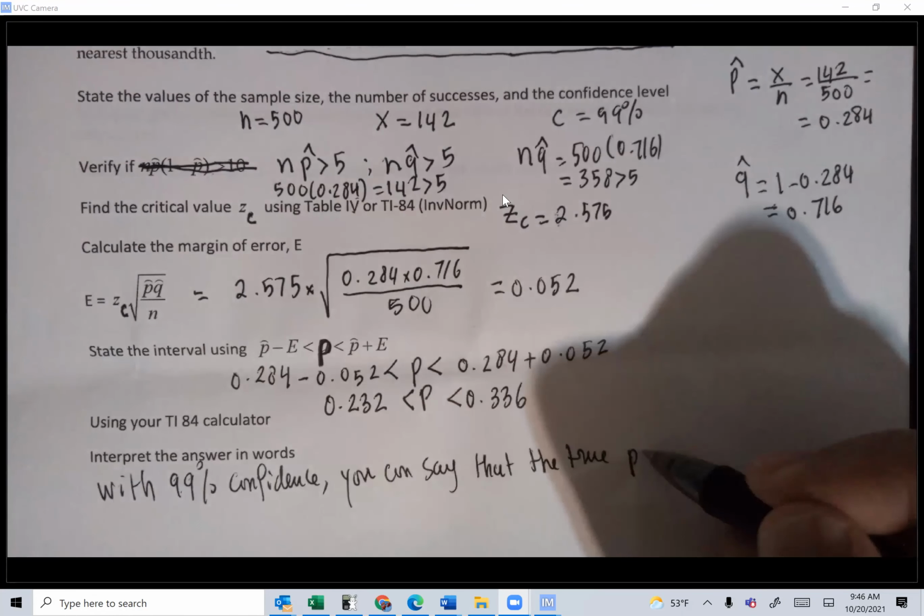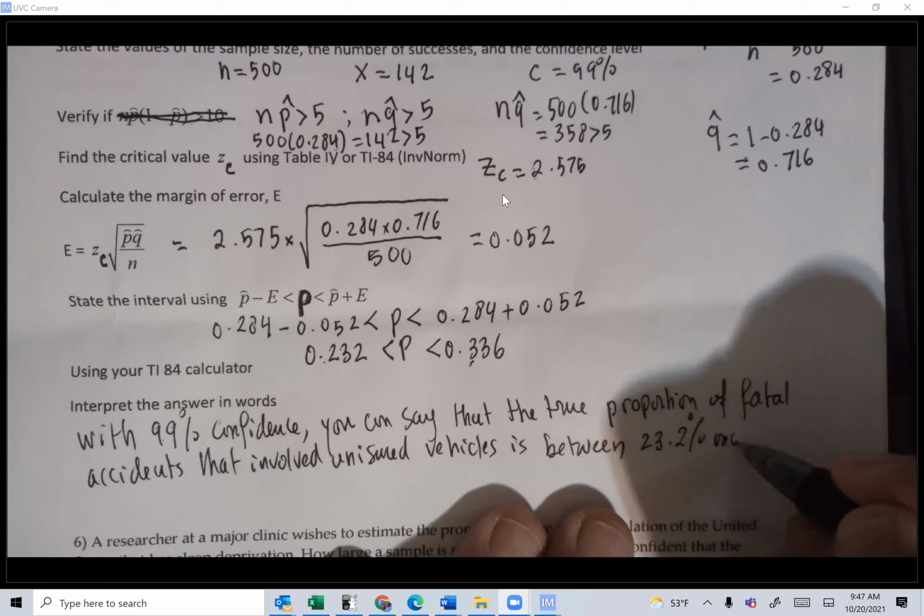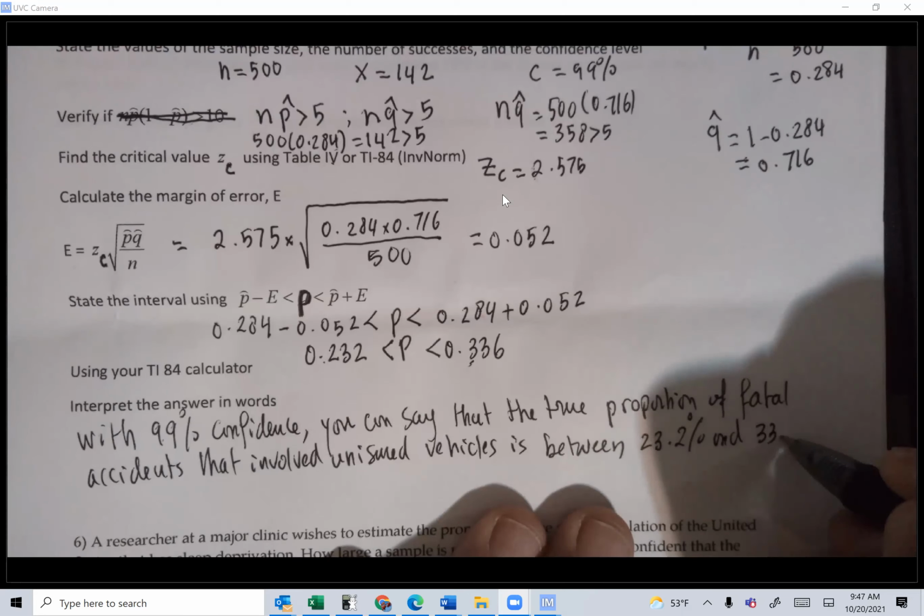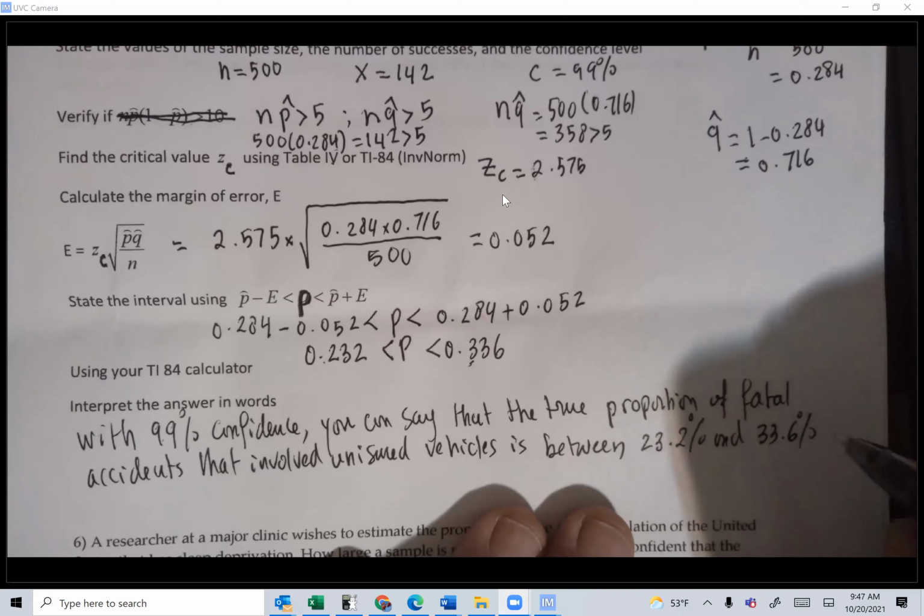It's easier for people to absorb when you have them as a percent. So what would that be as a percent? Is between 23.2% and 33.6%. And that completes the problem.